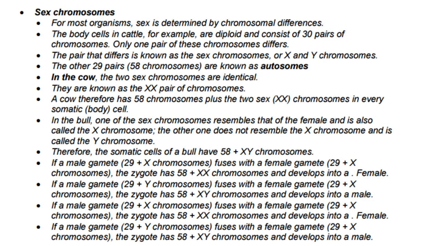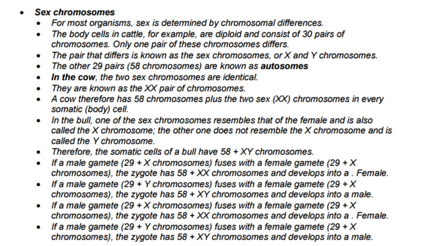A cow therefore has 58 chromosomes plus the two sex, XX, chromosomes in every somatic, body, cell. In the bull, one of the sex chromosomes resembles that of the female and is also called the X chromosome. The other one does not resemble the X chromosome and is called the Y chromosome.